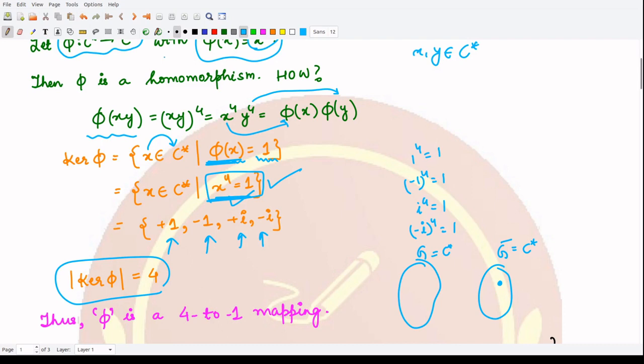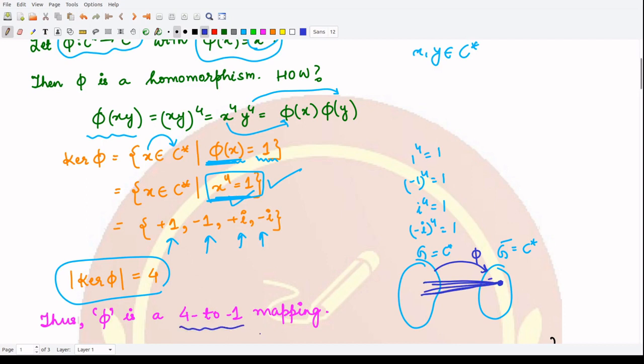If you take some element present in the range, it would map to exactly 4 elements in the domain. So this is a 4 to 1 mapping.